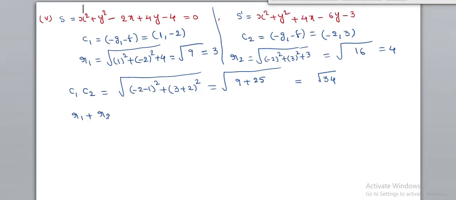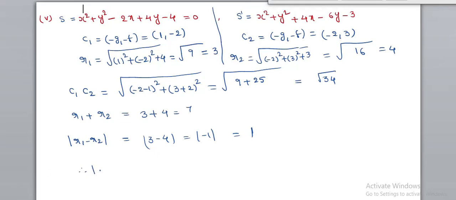R1 plus R2, I explain: R1 is 3 plus 4, that is the value 7. Then the modulus of R1 minus R2 is equal to 3 minus 4, minus 1, that is the value 1. Same form.